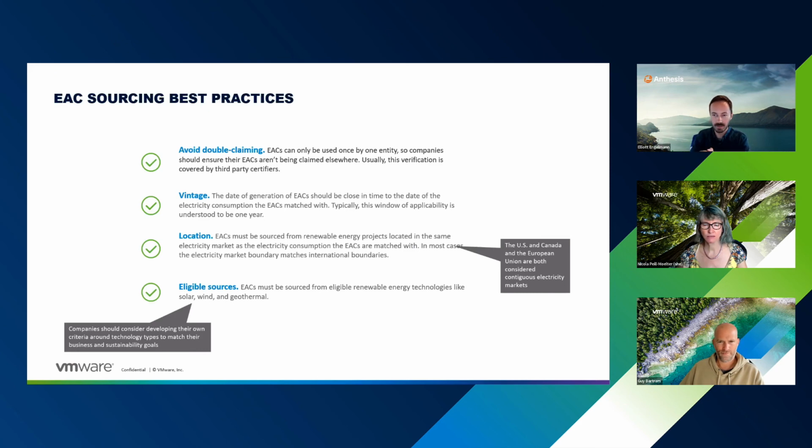So for consumption in China, you need to source China EACs. For consumption in Japan, Japanese EACs, and so on. The two caveats to that are North America, where Canada and the US are considered one electricity market, and in the EU, EU member countries, AIB countries, are considered one electricity market. You can source renewable energy in France and apply it to electricity in Germany, for example.